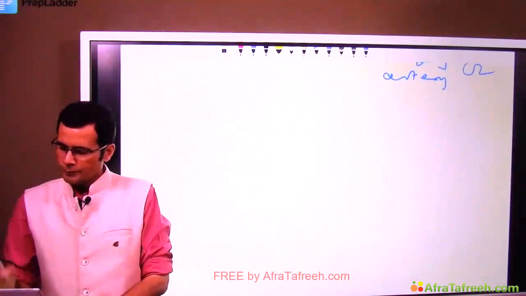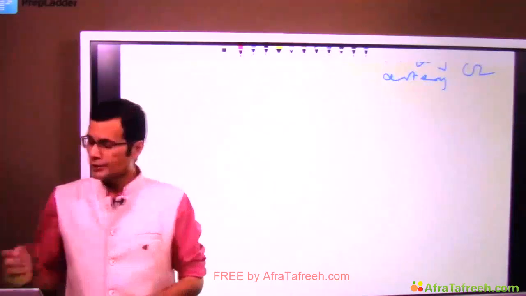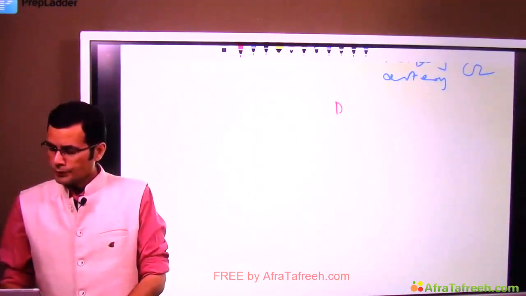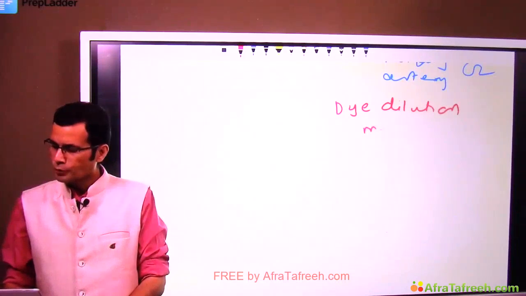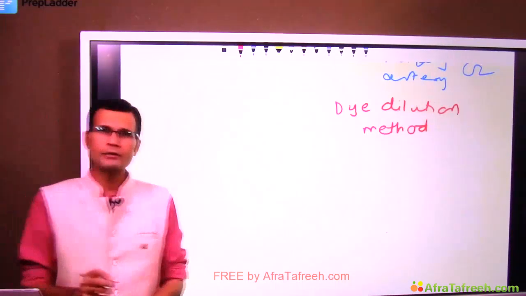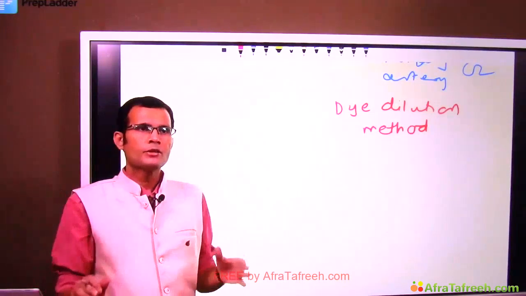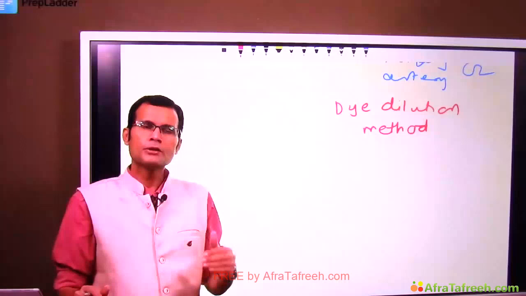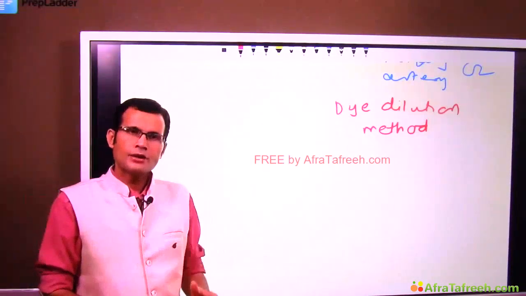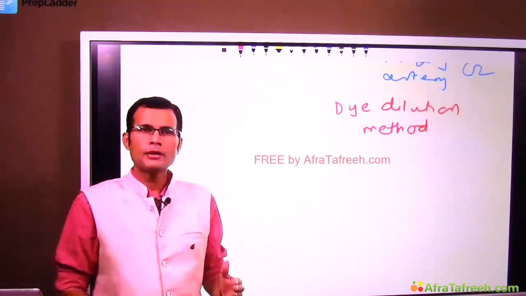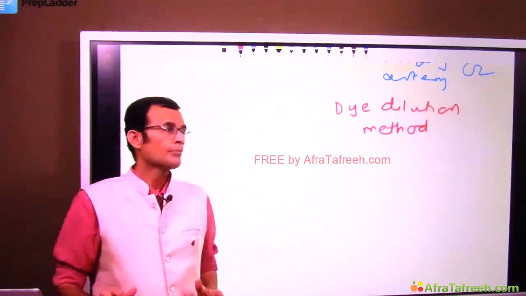Apart from that, there was one question which was asked repeatedly: the dye dilution method for the measurement of cardiac output was to be employed in an individual, and a pharmaceutical company had just brought a new dye into the market, and it was found that this dye leaves the circulation very rapidly via capillaries.